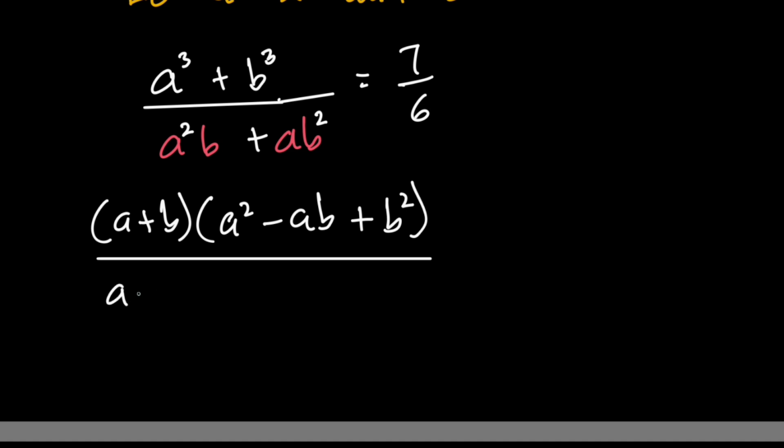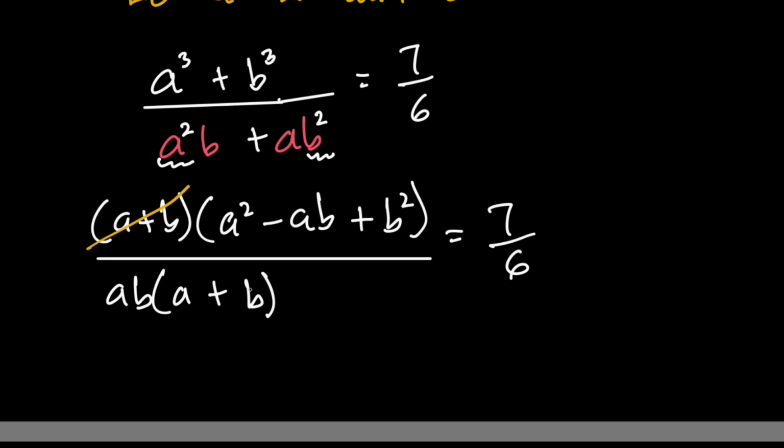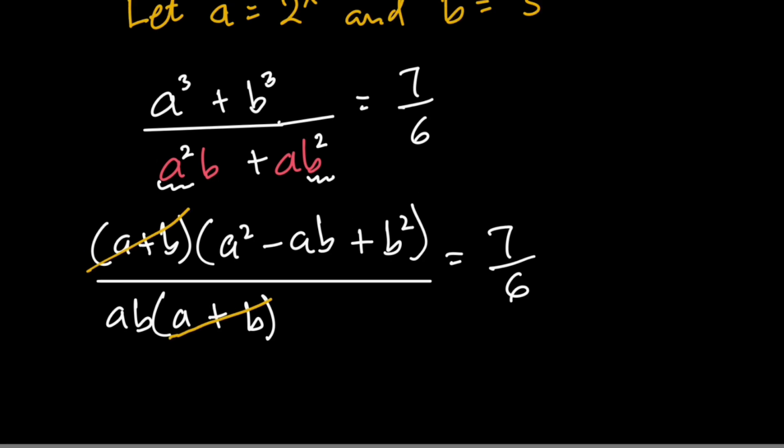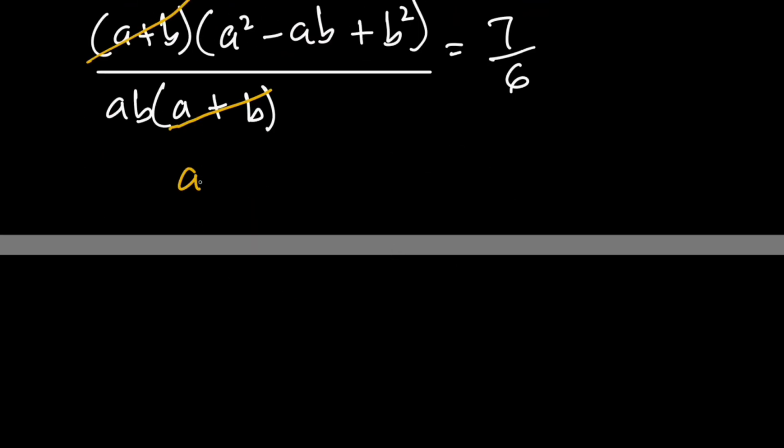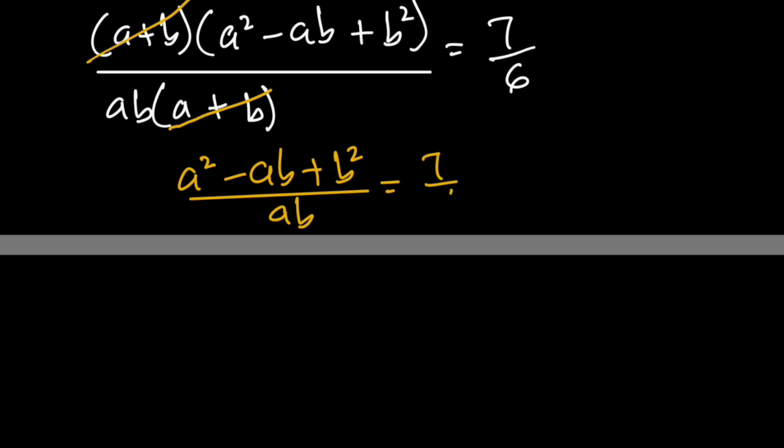So when we do that, we have ab out, then we are left with one of the a's right here, so I put it down, then plus we are left with one of the b's right here. This is what we have, and the right hand side, no problem with that, we are keeping it. Now you notice that this right here will cancel out this, and we are left with a squared minus ab plus b squared, all divided by ab is equal to 7 divided by 6.